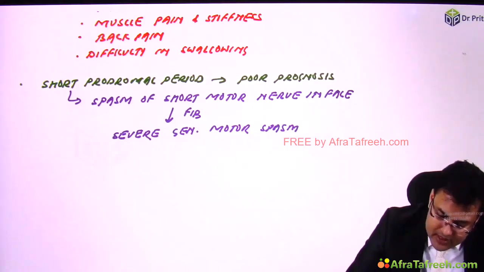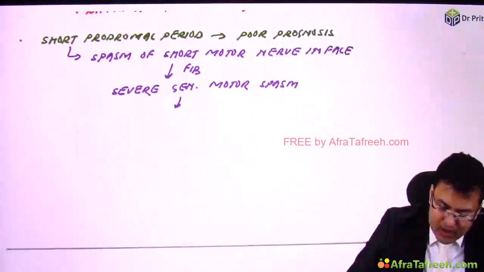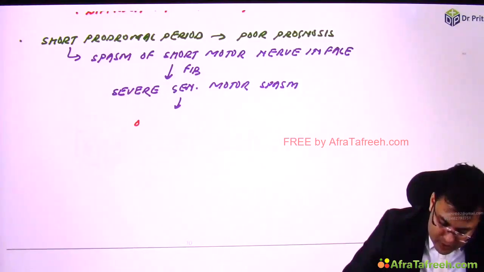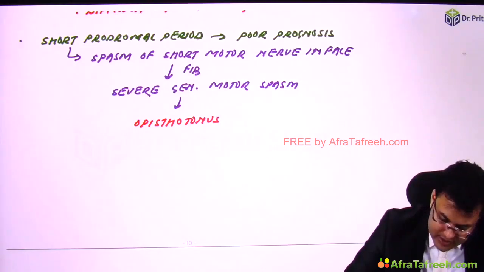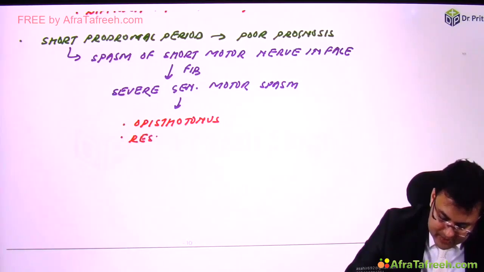And because of this severe generalized motor spasm, what happens? There is opisthotonus. There is respiratory arrest.